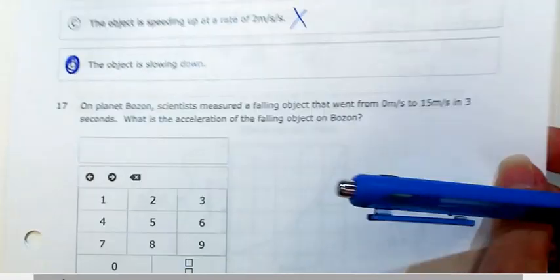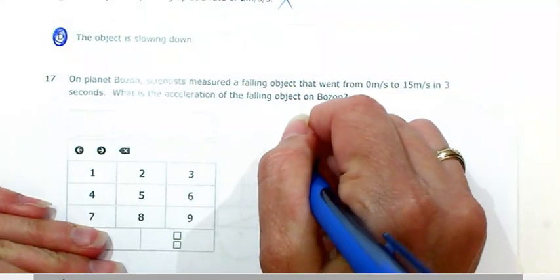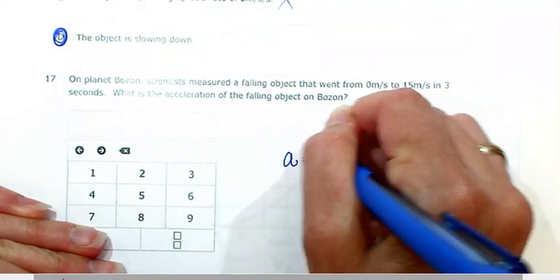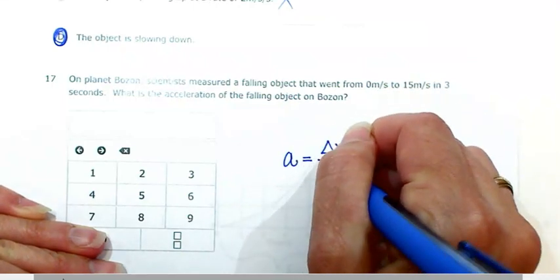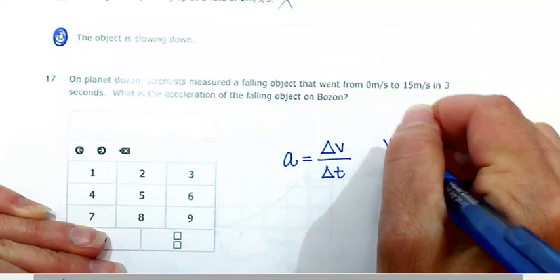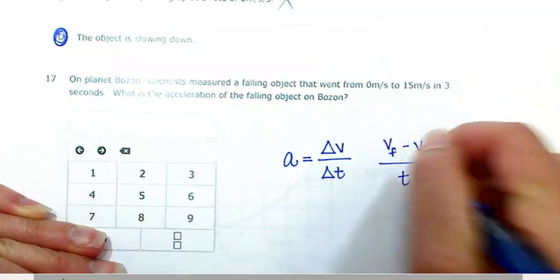All right. Next, we have a question about planet Boson. On planet Boson, scientists measured a falling object that went from 0 meters per second to 15 meters per second in 3 seconds. What is the acceleration of the falling object on Boson? Okay, so we know that acceleration is a change in velocity divided by a change in time. Or we could say it's the final velocity minus the initial velocity divided by time.